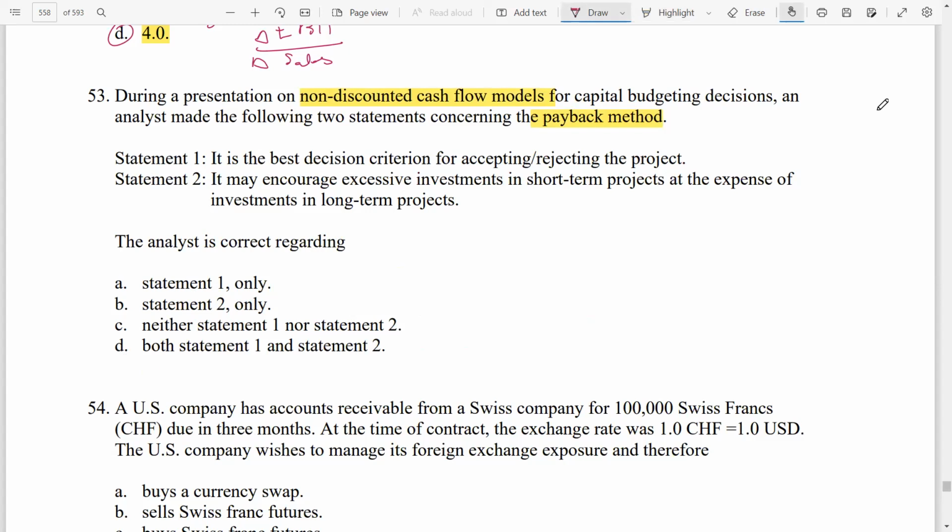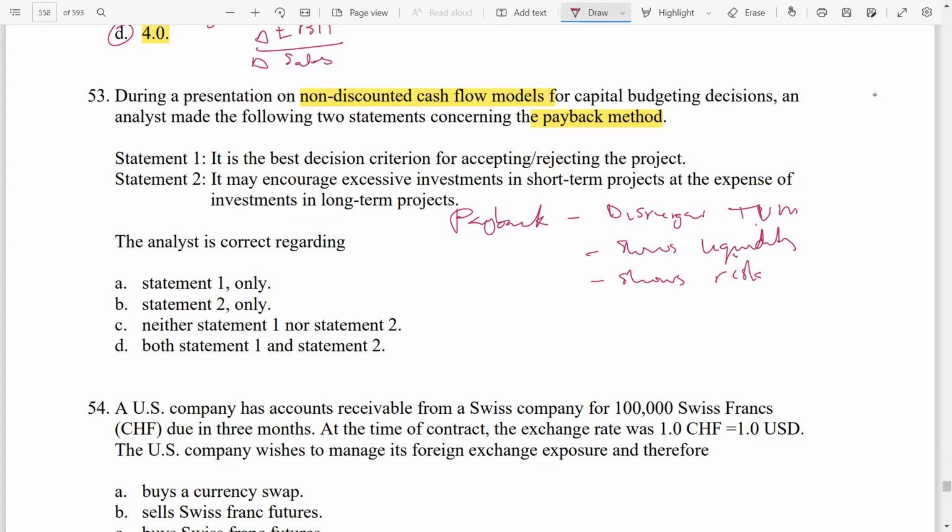But let's talk about the payback period for a second. There's a difference between discounted payback and the payback period. The simple payback period disregards the time value of money, but it shows liquidity, and it shows risk, because the more liquid it is, the less risky it is.